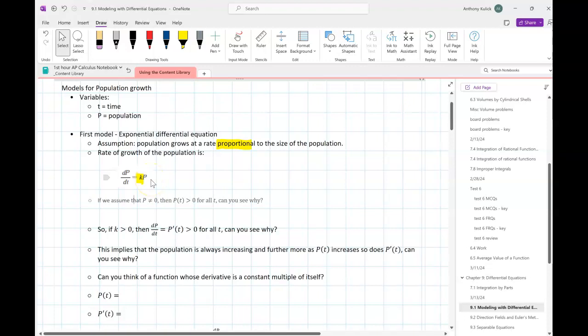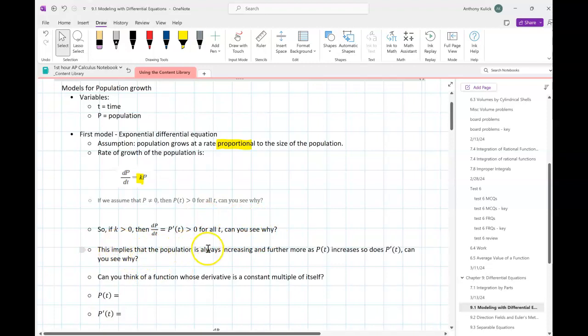If you have zero things to start with, you can't reproduce, and you certainly can't have negative populations. That's a normal assumption. So if k is positive, then our dP dt also has to be positive because you'd have a positive times a positive, right? k is positive, P is positive, so the population growth should be positive. Everybody's good with how we got to there?